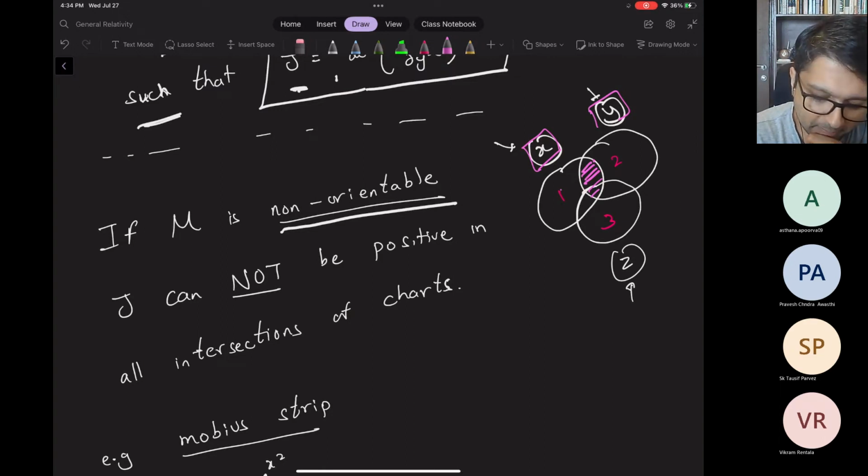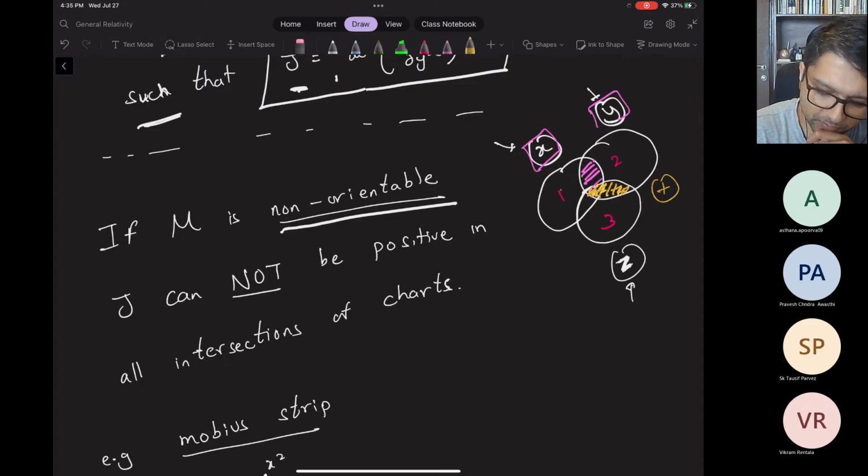But now with this choice, it may not be possible to find a coordinate system Z on patch 3, U3, such that the intersection of 2 and 3 gives me a positive Jacobian. Or let's suppose that you can find a positive Jacobian there.